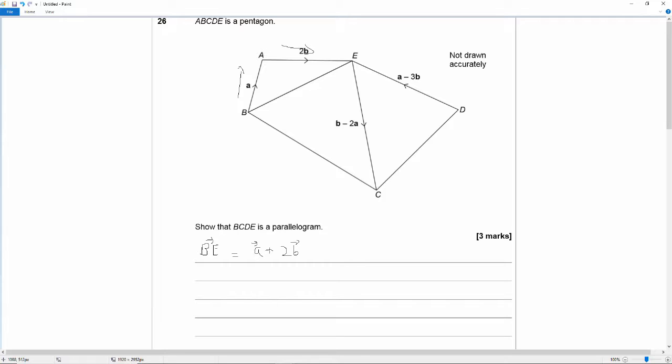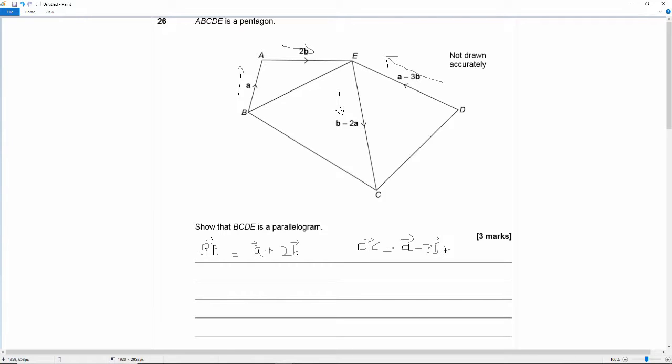Now, CD, actually let's do it this way. DC is equal to A minus 3B plus, and then down this way. So we're going up from here and down here.